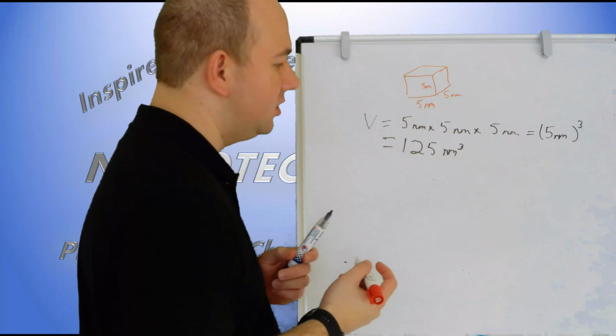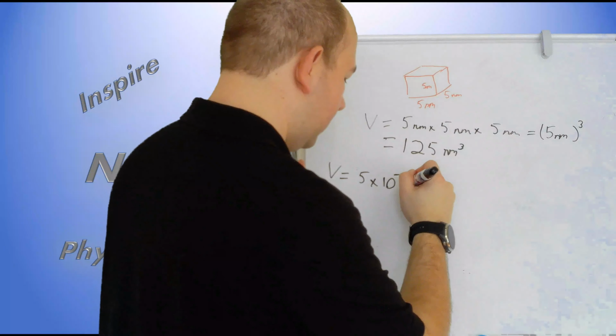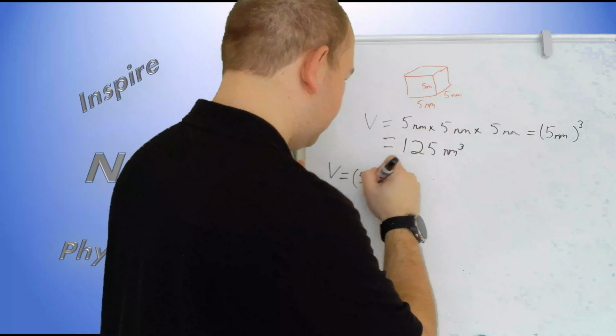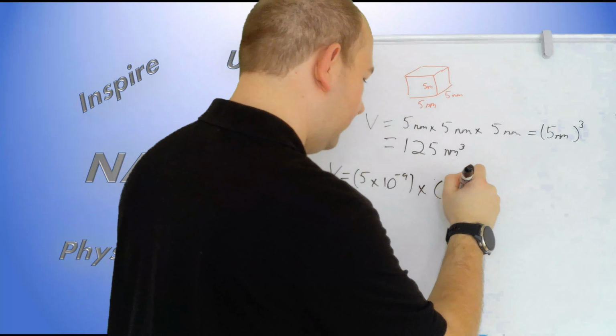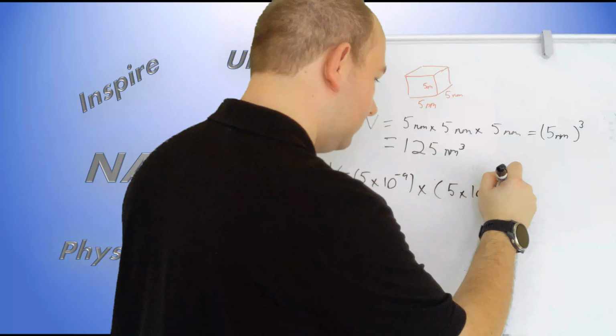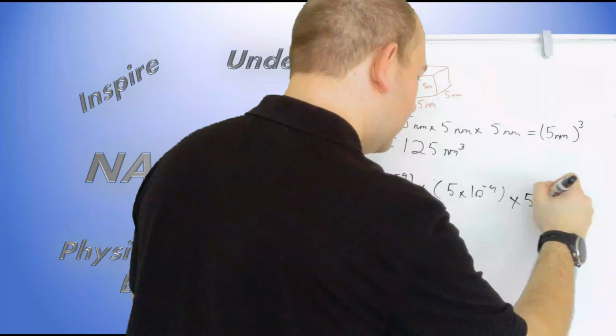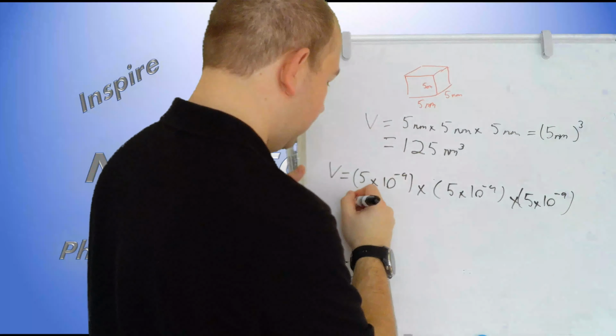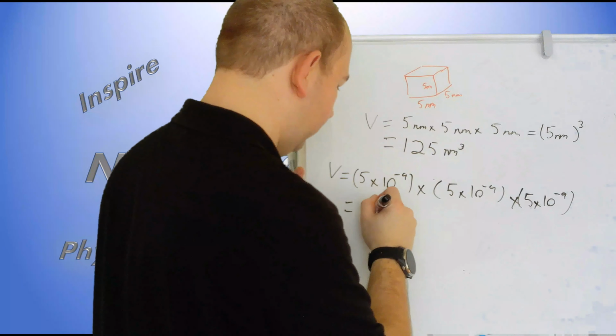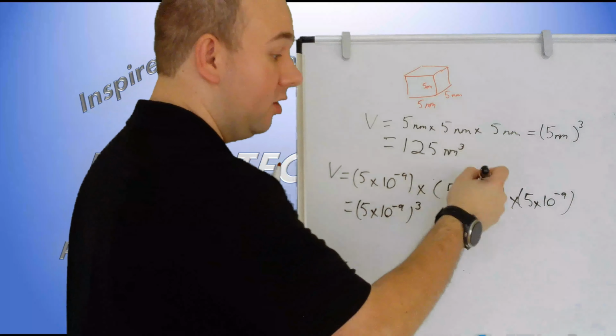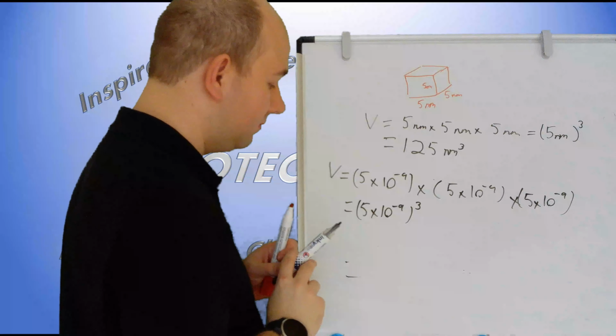Volume is equal to 5 times 10 to the minus 9 multiplied by 5 times 10 to the minus 9 multiplied by 5 times 10 to the minus 9, which is obviously equal to 5 times 10 to the minus 9, and we're going to make that cubed because we've got 3 lots of the same thing being multiplied together.